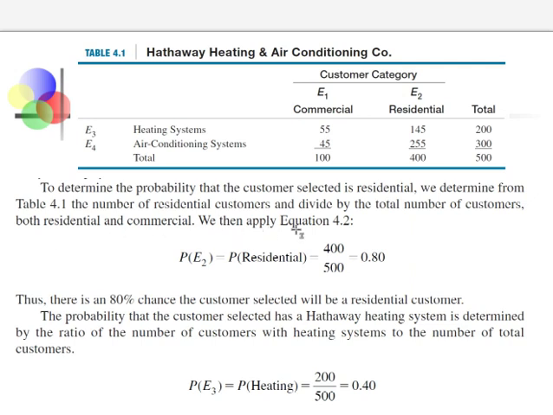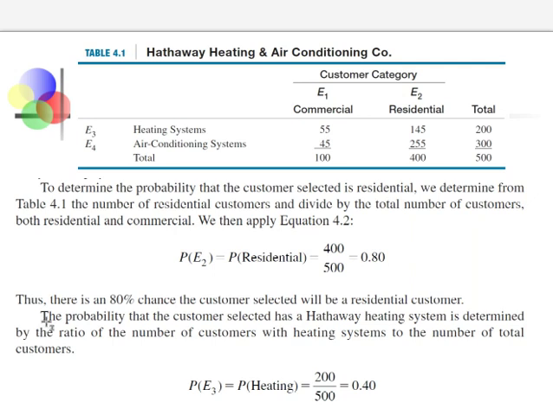We then apply equation 4.2: residential is 400 over the total of 500. That's 80%. Thus, there is an 80% chance the customer selected will be a residential customer.